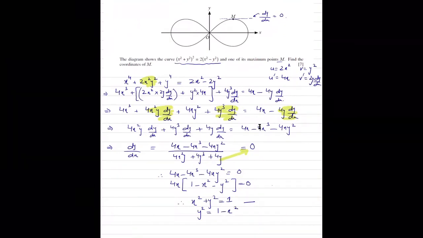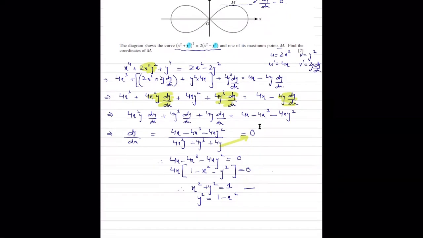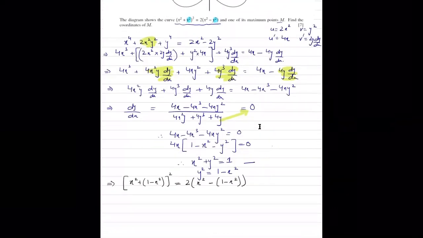In this equation, I'm going to substitute y square. x square plus y square, y square is 1 minus x square, the whole thing square, equals 2 times x square minus y square, which is 1 minus x square. And you can just simplify this.